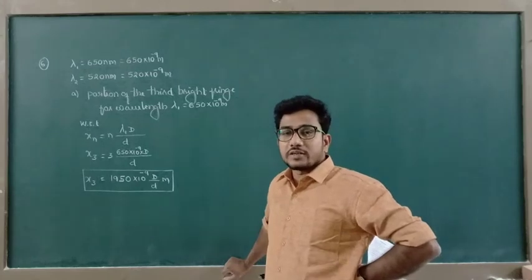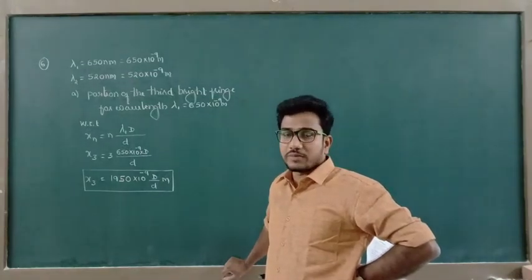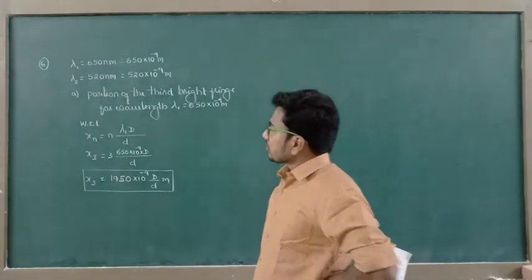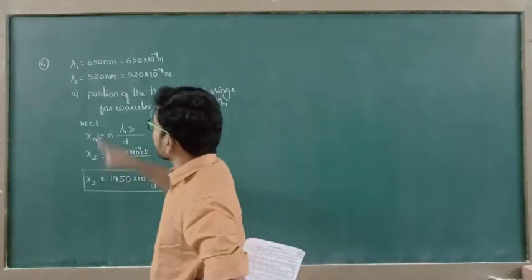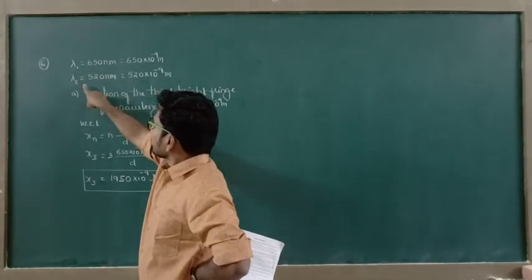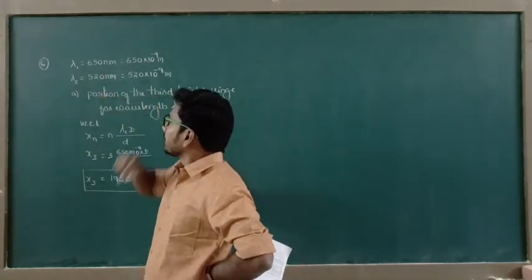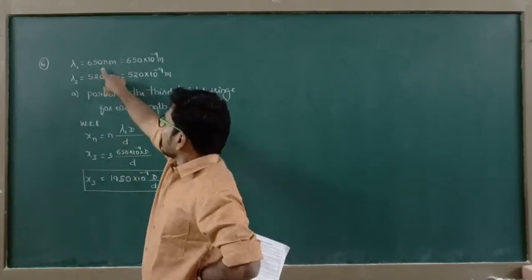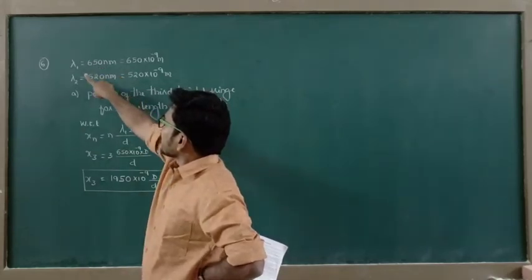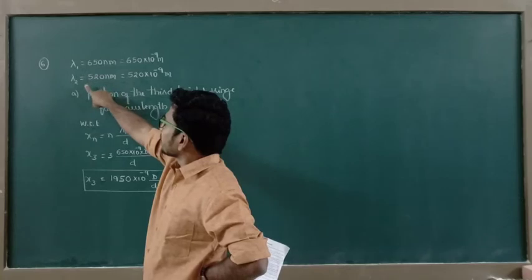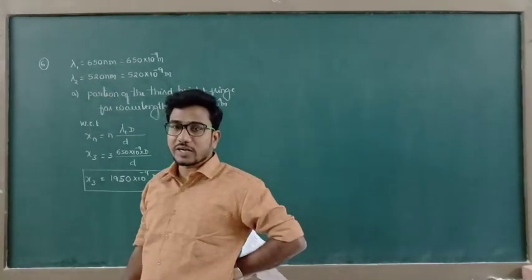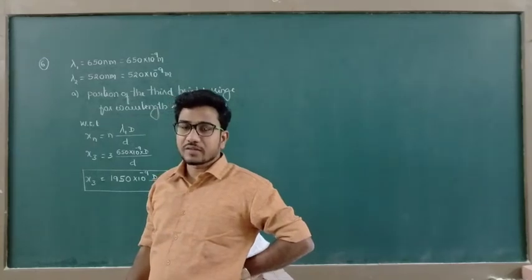We don't know here, it may be the fourth, the fifth, or the sixth. You just observe lambda 1 is greater than lambda 2. The fringe width for lambda 1 is greater than the fringe width for lambda 2, that is beta is equal to lambda into capital D divided by small d.